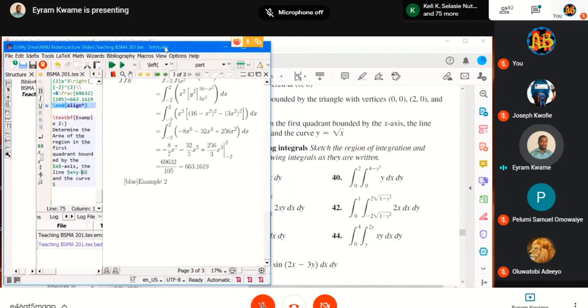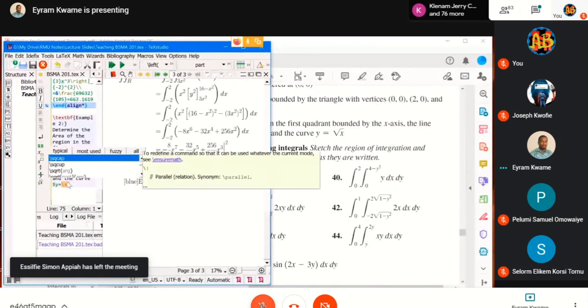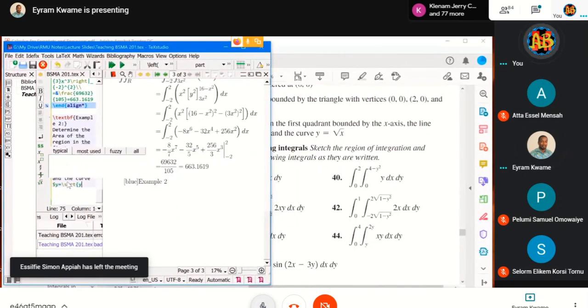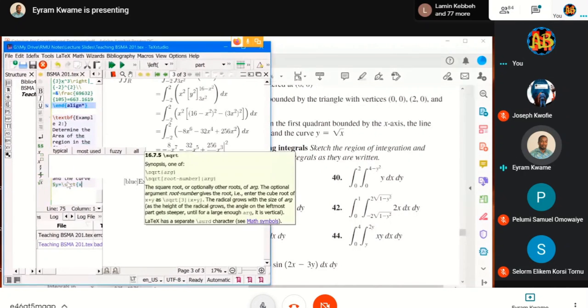That means I'm looking at the negatively sloped line. And the curve is what? Y is equal to square root of x.